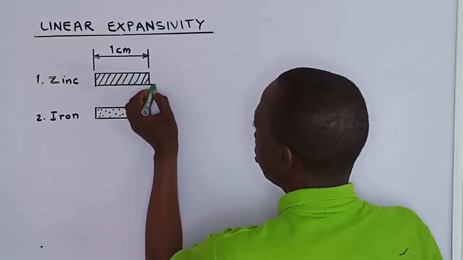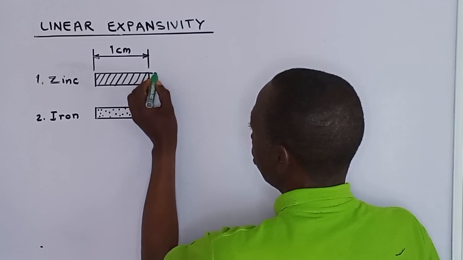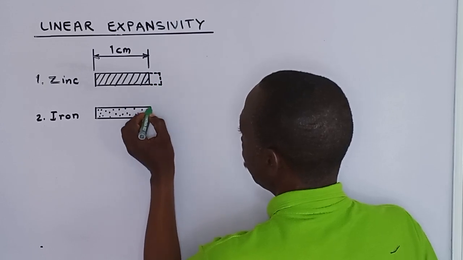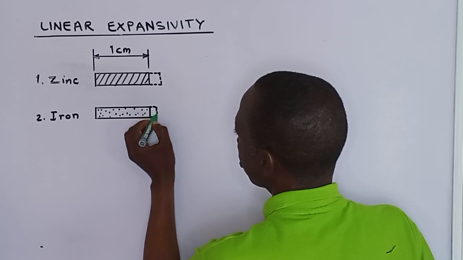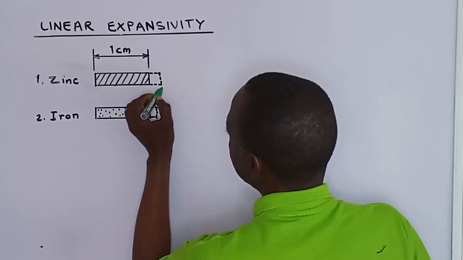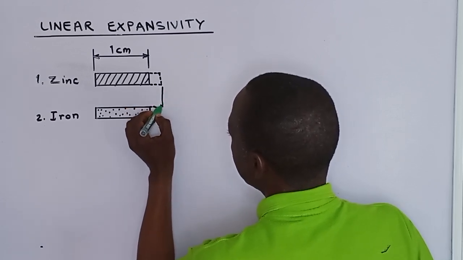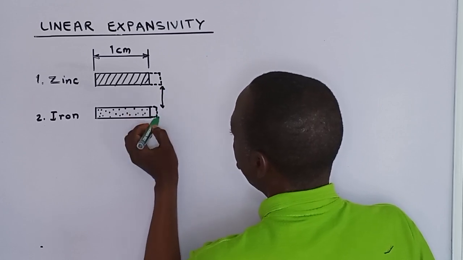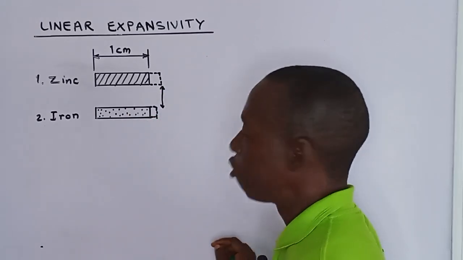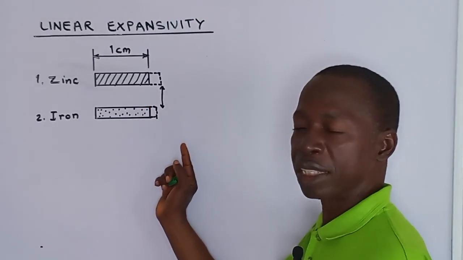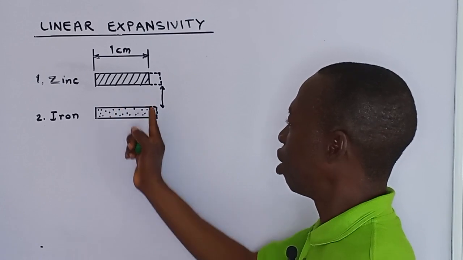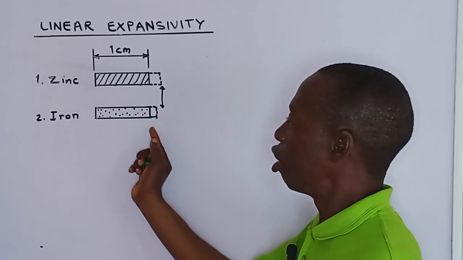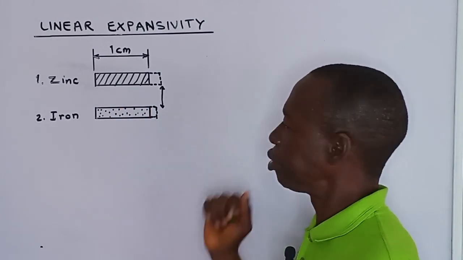I'm just using this to explain. I'm not saying that this is how much it will expand. So zinc would expand more than iron for the same temperature rise, because the material of which zinc is made is not the same material of which iron is made.